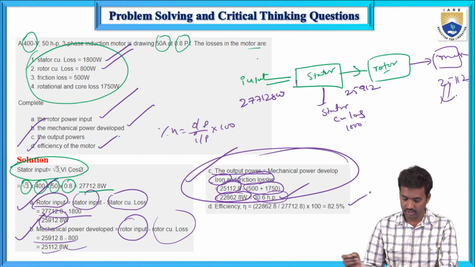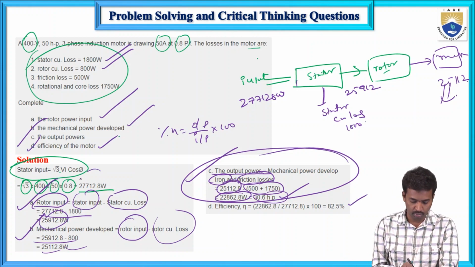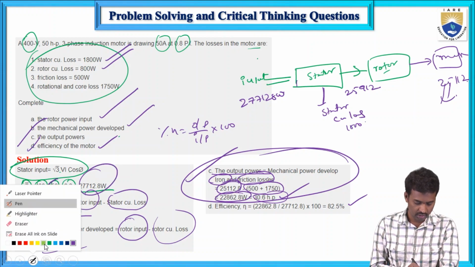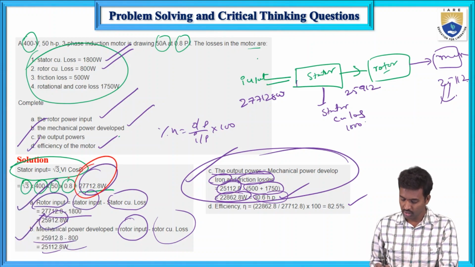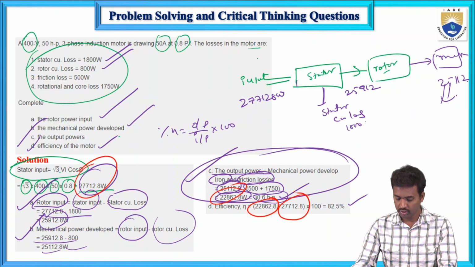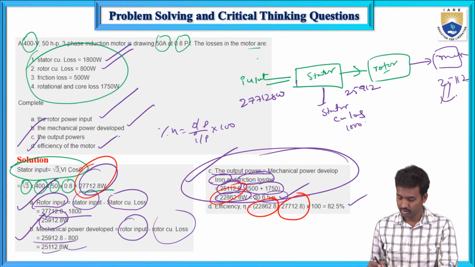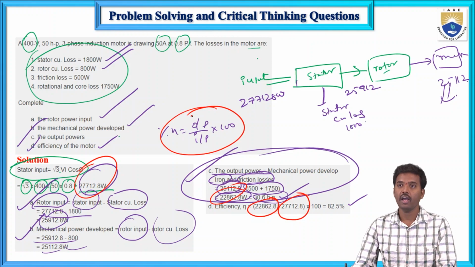The output is 22,862.8 and the input is 27,712.8. Output by input into 100 is the efficiency.